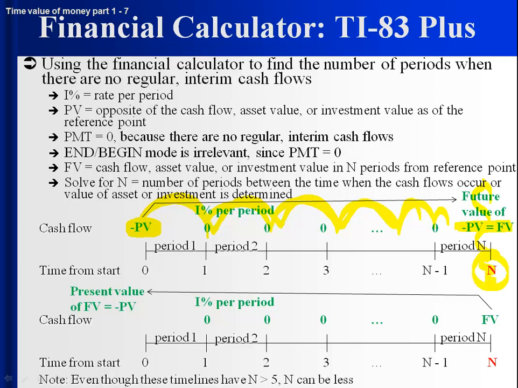It doesn't necessarily have to be. Here, FV gives us our later value, and we want to know n such that if we discount it by I percent each year, it'll wind up having a present value equal to the opposite of what we put in for PV. So PV is going to be the opposite of FV.